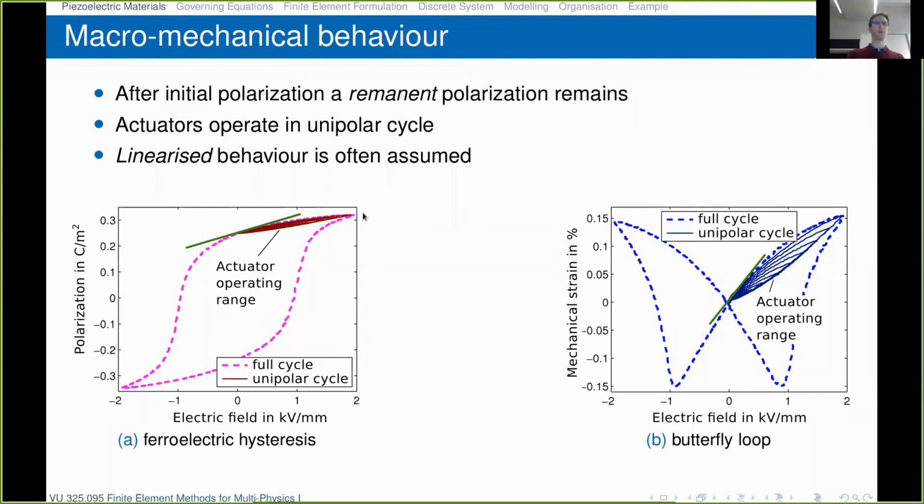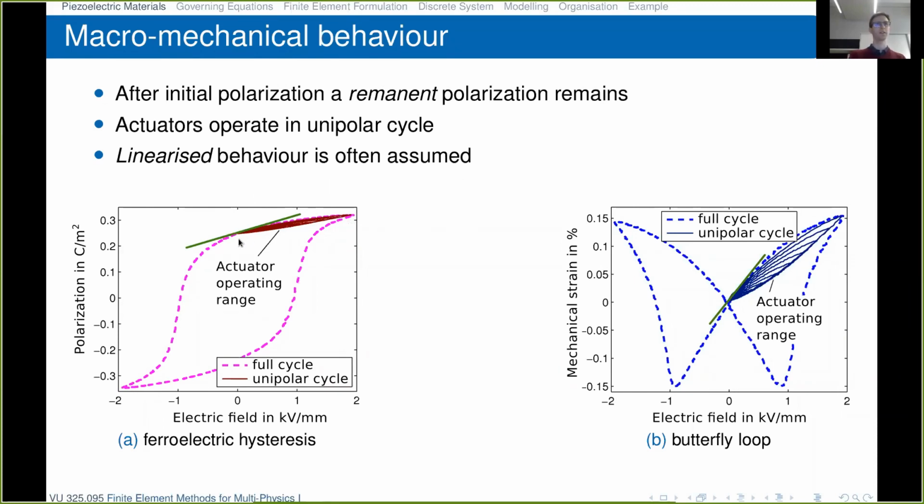If we then decrease the electric field again, we go down this path of the hysteresis curve. If we start increasing it again, we go on the other branch of the hysteresis curve.